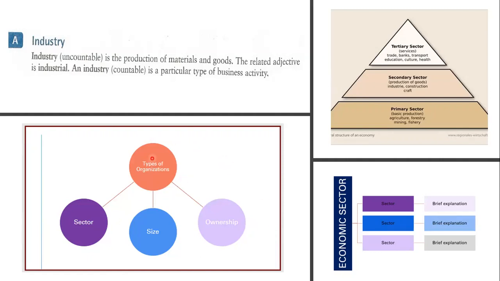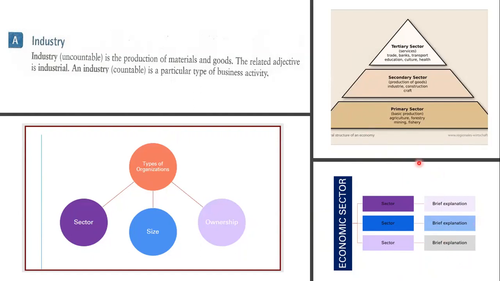When we classify organizations by sector, we had the primary sector, secondary sector, and tertiary sector. Do you remember this? You did a homework. I sent this slide to you, so you could complete here with a sector and a brief explanation. This was a few weeks ago.